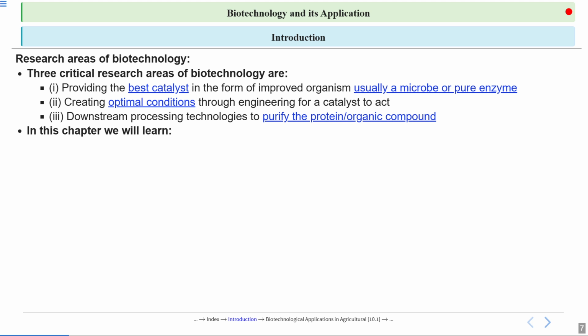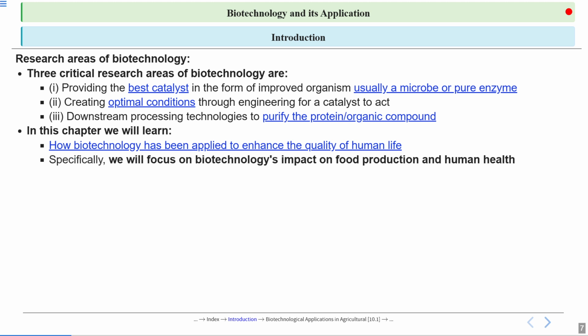In this chapter, we are going to learn how biotechnology has been applied to enhance the quality of human life. As I told you, in the last chapter we studied the basics, and in this chapter we are going to see how genetically modified organisms and all those things have been applied for the betterment of the quality of human life.